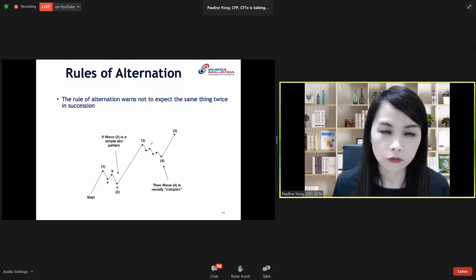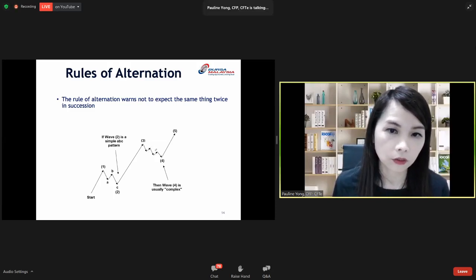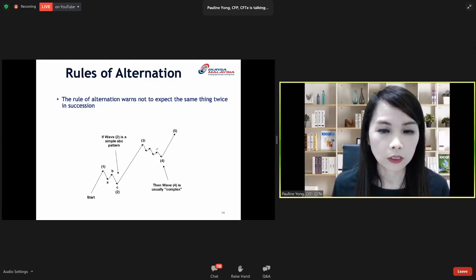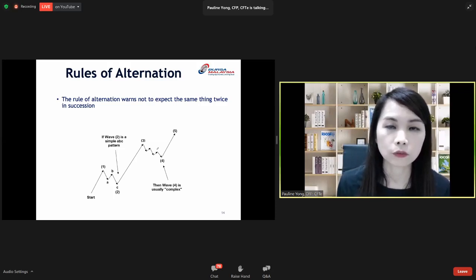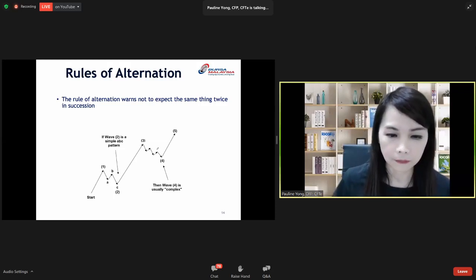So maybe this rule of alternation is saying that we should expect things to be different, because the stock market is not predictable in a sense. Sometimes you can have this pattern, and then sometimes a different pattern, and you don't expect to have the same pattern. So what this rule wants to show is that the stock market is random. You can't assume that it always appears the same.